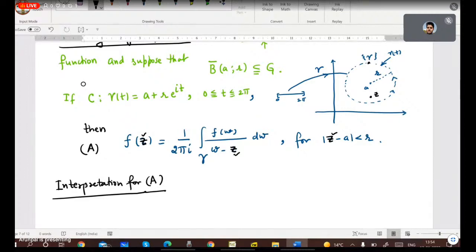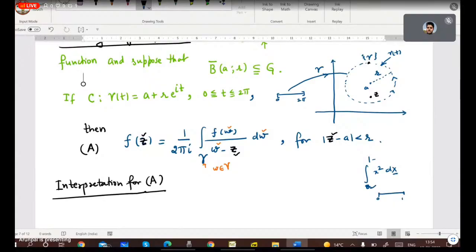Secondly, class, have a look at this w. Where will this w be? In G. You are integrating over this curve, so this w is on this curve, right? When you say integral, suppose x square dx, with x going from 0 to 1, then x is varying from 0 to 1, on this line segment.